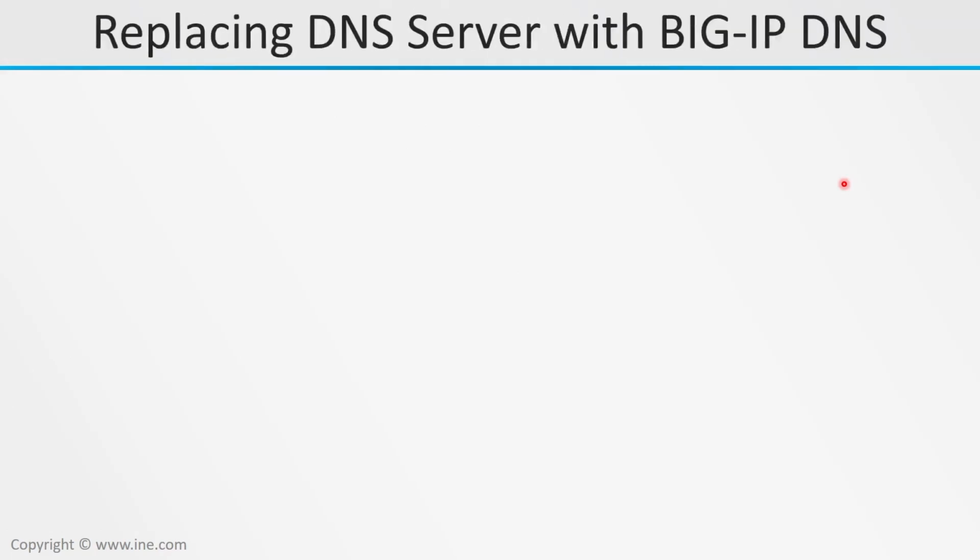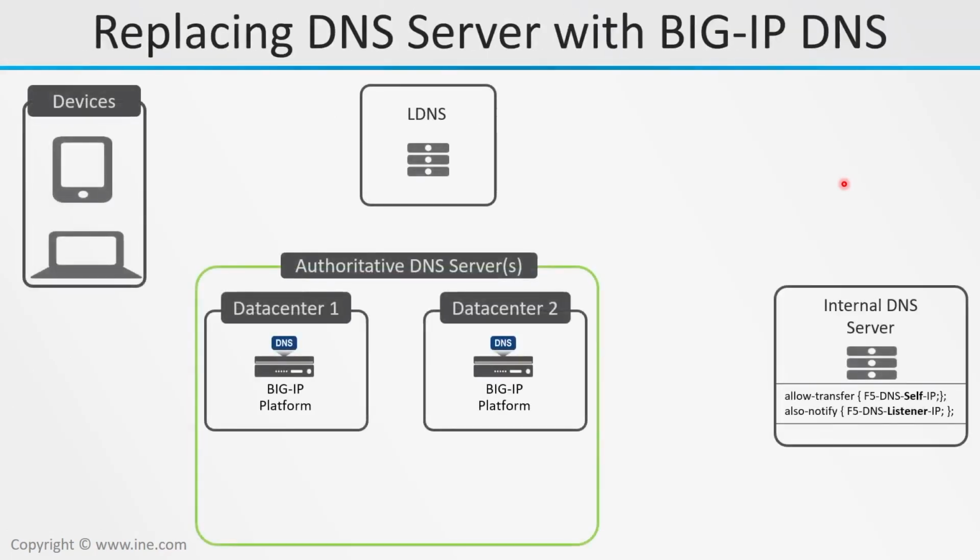Okay, so another option you can choose is replacing a DNS server with Big IP DNS. Let's say your internal DNS server is really not a robust management platform, and you'd like to be able to move some of the zones or all of the zones to the Big IP DNS.